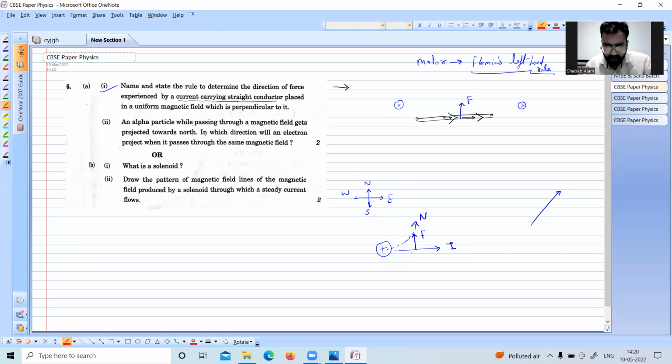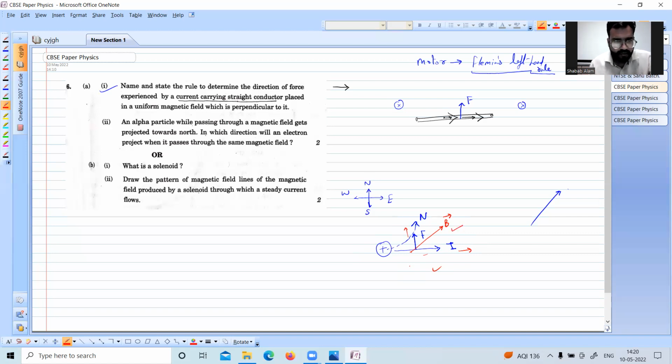We will get the magnetic field going inside the plane, right? Only then is it possible to get this, because current is a given quantity. So we are going to use Fleming's left hand rule again. This is the magnetic field going inside, the current in this direction, and the force experienced is in this direction. So we have got the magnetic field.